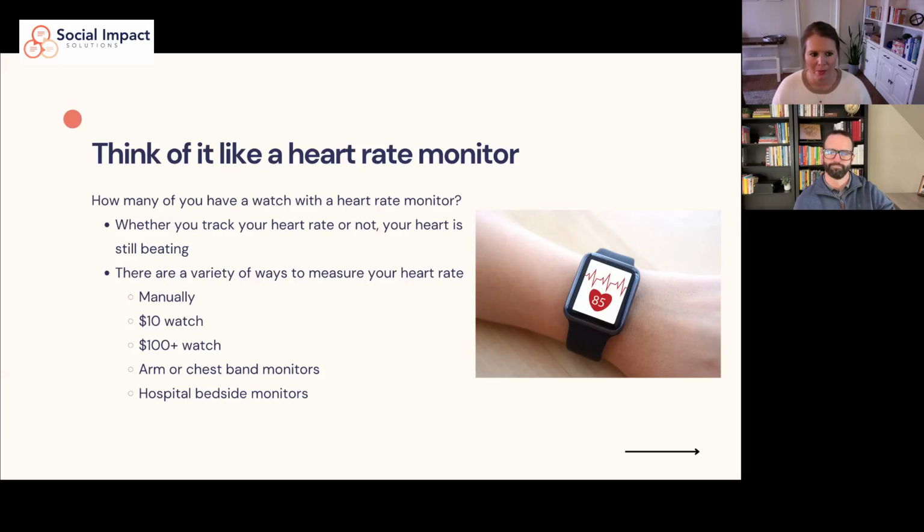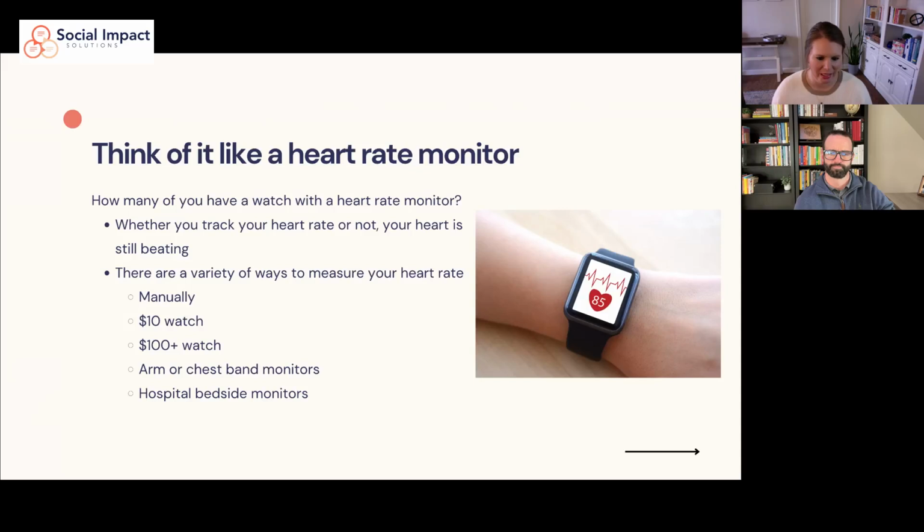And so taking your heart rate manually, I like to make the analogy that that's the equivalent of randomly, sporadically distributing paper surveys. It will give you some information. You might be able to use that information or report it to some degree, but there's not consistency, and it's not super reliable.